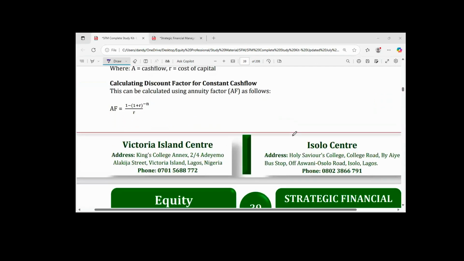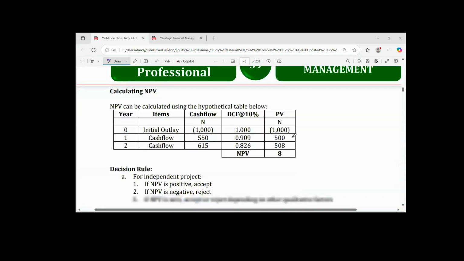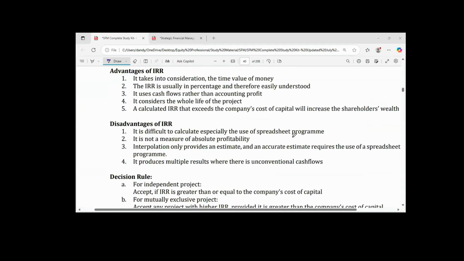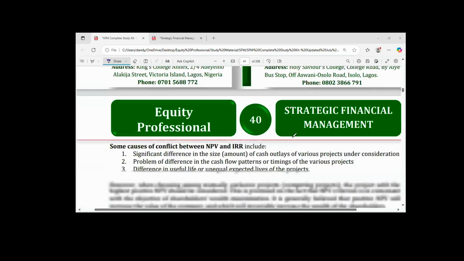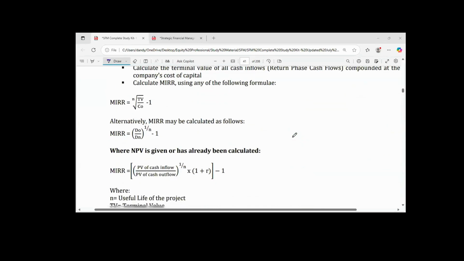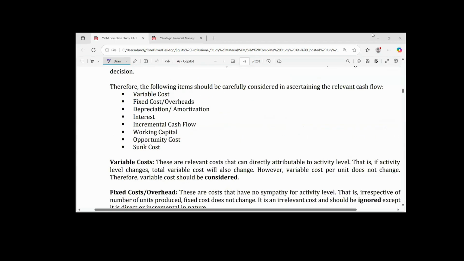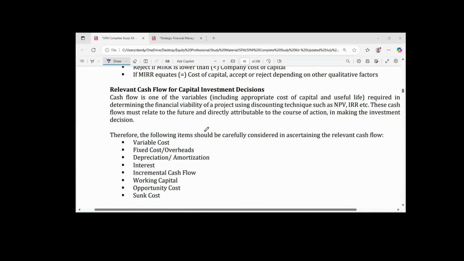So the next we want to discuss now is relevant cash flows. Now, on the day of your exam, different cash flows will be given to you.